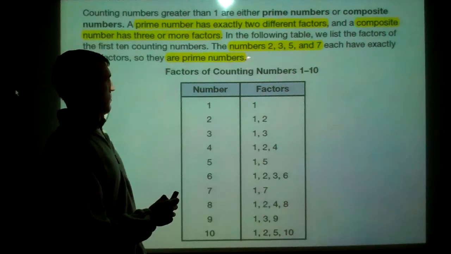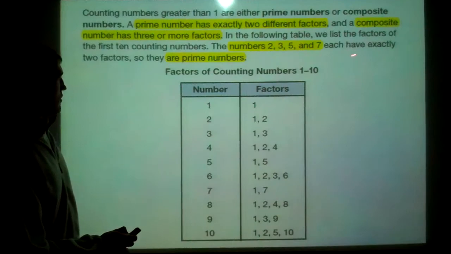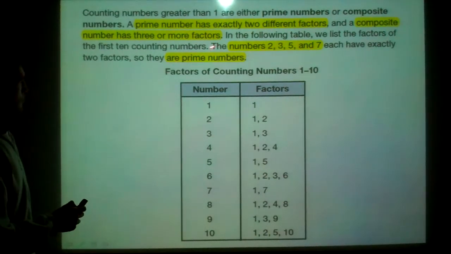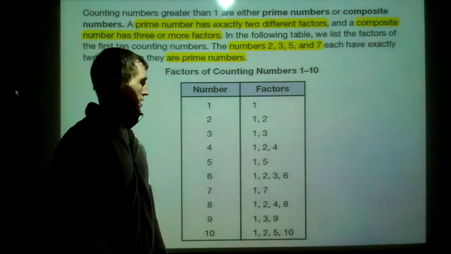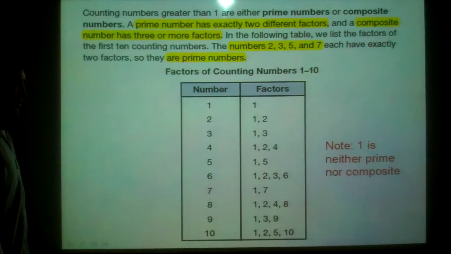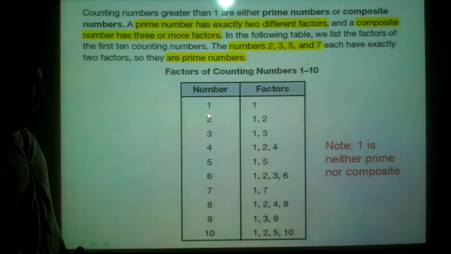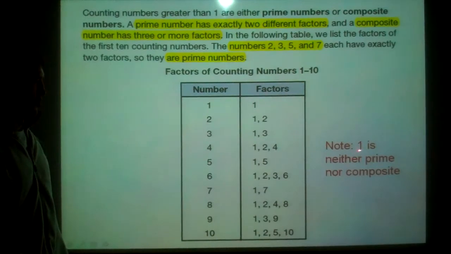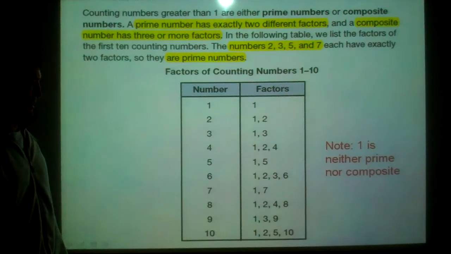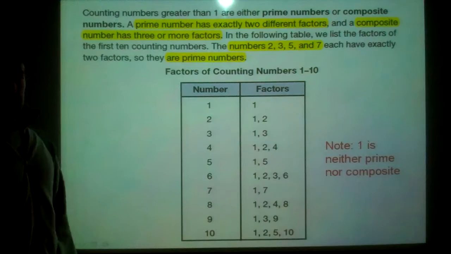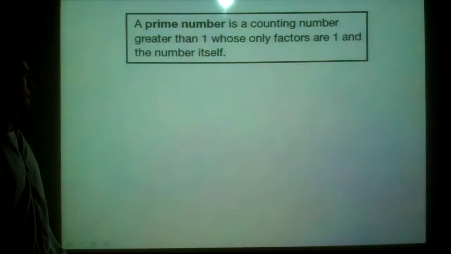So, if we go back up here to 2, 3, 5, and 7, they all have exactly 2 factors, so they are prime numbers. Alright, and on the side here, like I said, note, 1 only has 1 factor, so 1 is neither prime nor composite. Okay? So, 1 is the loneliest number here.